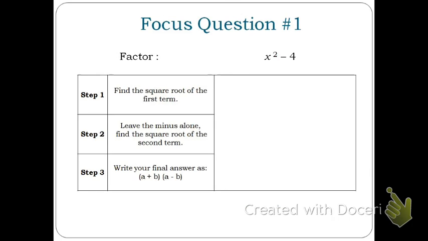So, looking at focus question 1 here. X squared minus 4. Well, if we split this into 2 sets of parentheses, the factors of x squared, or if you take the square root, if you're looking at it that way. Either way, the factors of x squared go in front. That's just x times x.